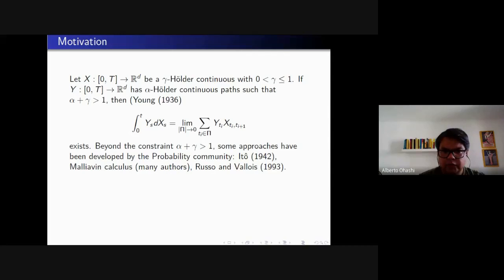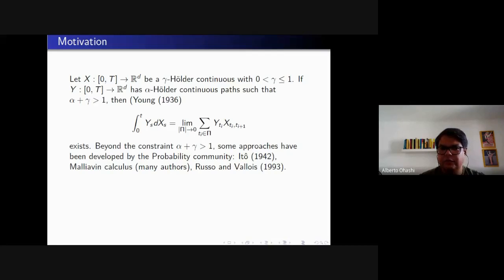Okay, so beyond the constraint alpha plus gamma bigger than 1, some approaches have been developed by the probability community. Most of the people working in this area work in the probability community. So Ito, many people, starting from Ito, completely independent from Young. I mean, at that time there was no connection with the Young integral.